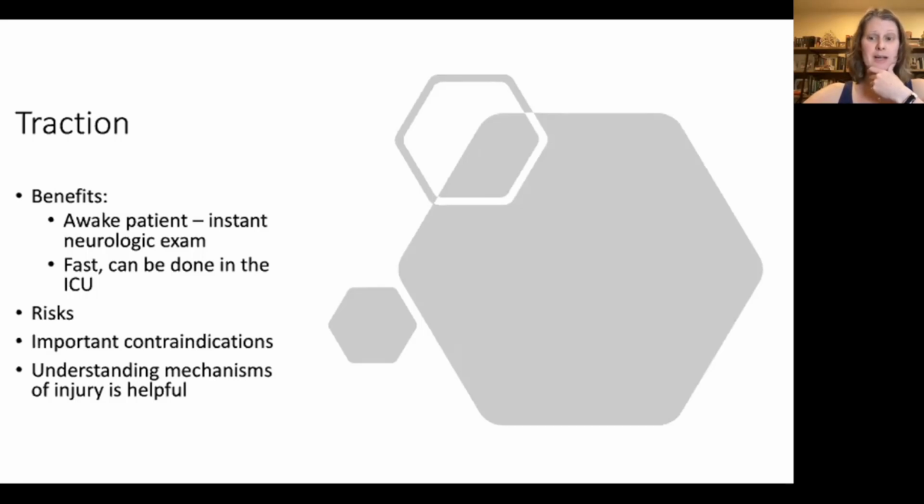Now, there is a debate about getting an MRI before versus after traction. There's a small but real risk of displacing or dragging disc material posteriorly into the spinal canal with any method of reduction, possibly causing neurological compromise. An MRI before traction can alert you to that possibility and might cause you to just go straight to surgery instead.